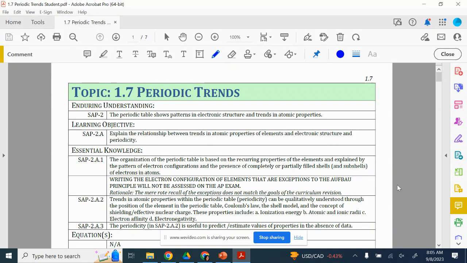They like you to answer and reflect back on Coulomb's law as evidence that these trends exist. So hopefully you have Coulomb's law solidified after doing the activity last night.